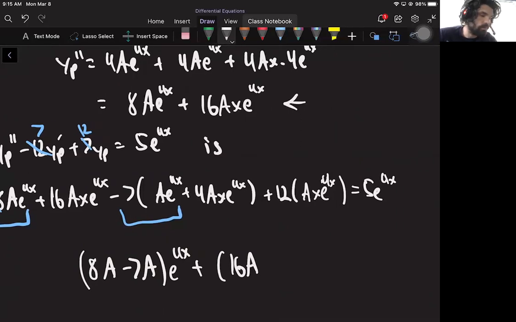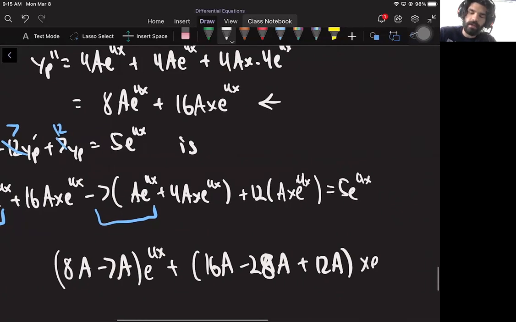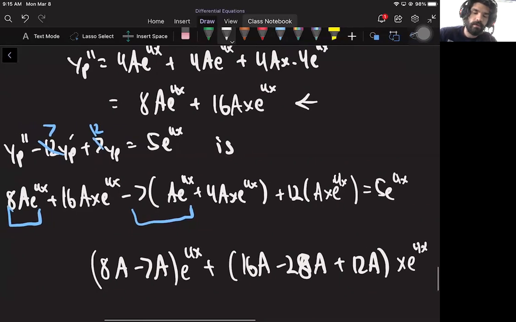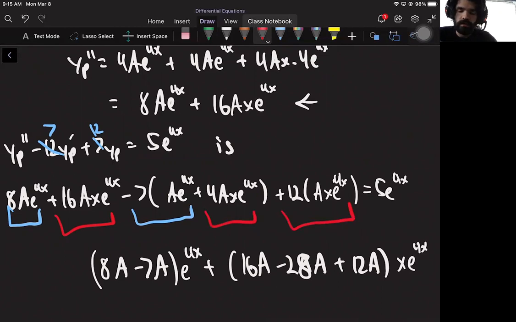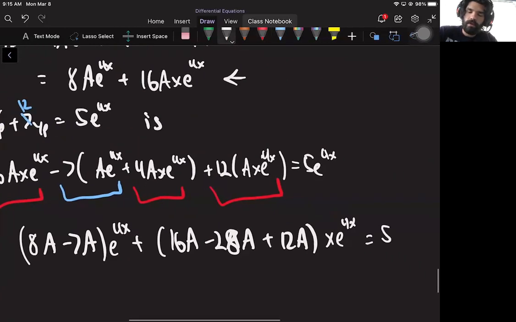What's 7 times 4? 28. Minus 28A plus 12A of x e to the 4x. So there I've combined these ones together after distributing the 7. And that should all add up to 5e to the 4x.